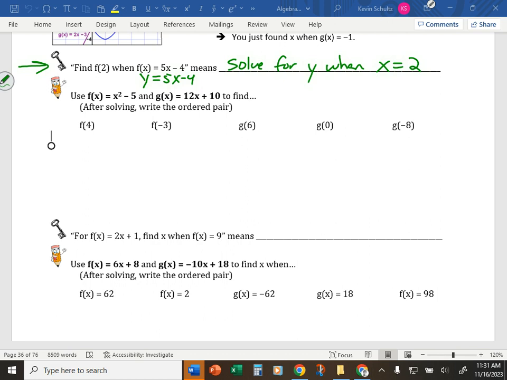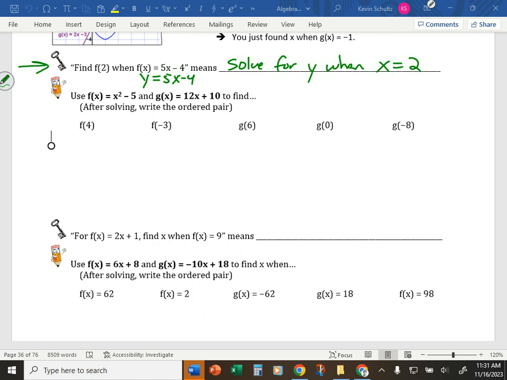If both of these down here just said y equals x squared minus 5 or y equals 12x plus 10, you wouldn't know which equation to plug the variable into, right? But by using f of x or g of x and f of 4, f of -3, g of 6, g of 0, it tells you which equation we are using. But really, all f of x represents is the variable y.